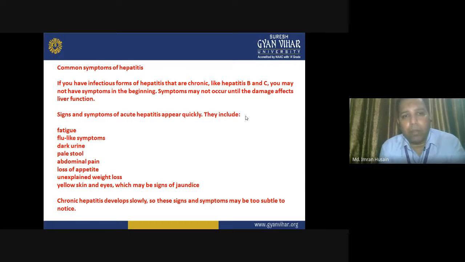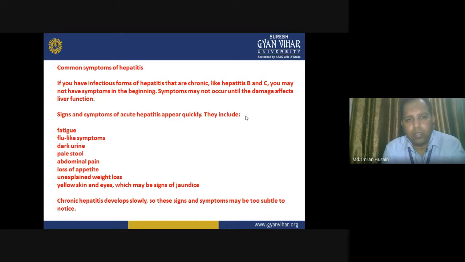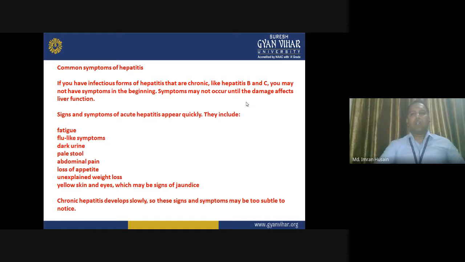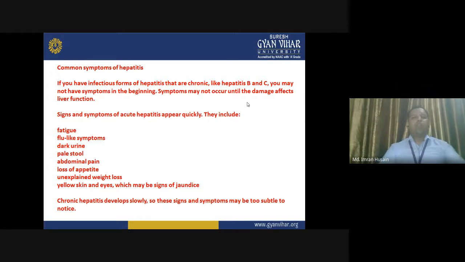Common symptoms of hepatitis. What are the common symptoms by which you can identify that a person is suffering from hepatitis? If you have an infectious form of hepatitis that is chronic, like hepatitis B and C, you may not have symptoms in the beginning.